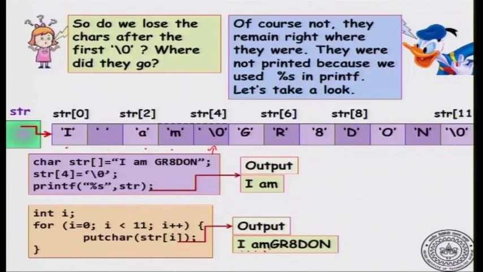What do you mean by printing a null character? It may not print anything. It may be just skipped, but then it goes on to the next character gr8don and there it stops because it does not print the 11th character. So, the null character in this example is not printed.